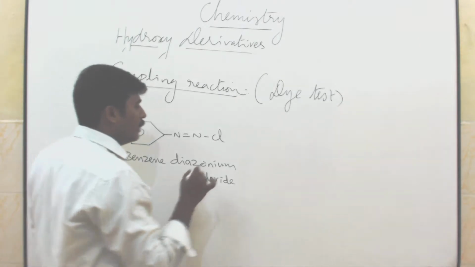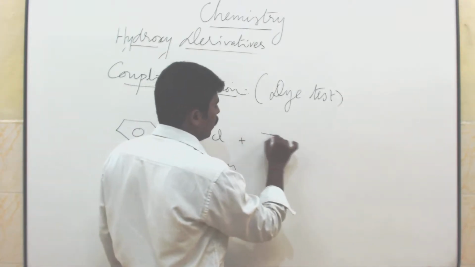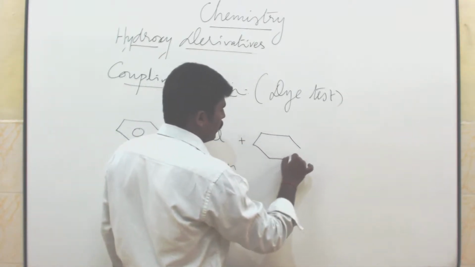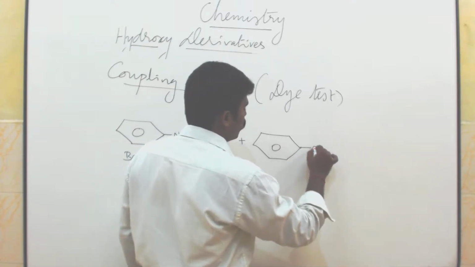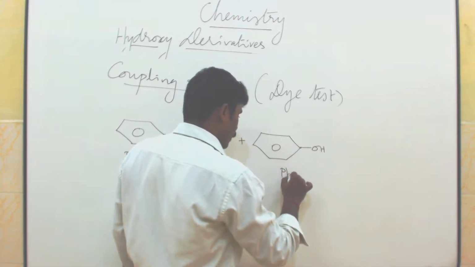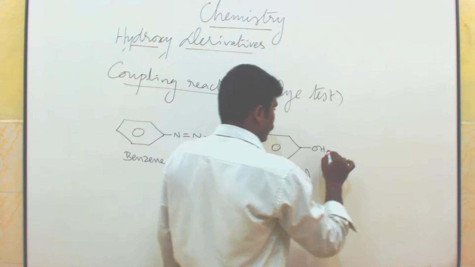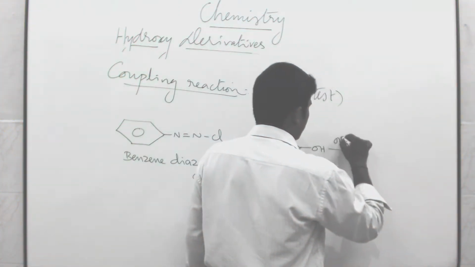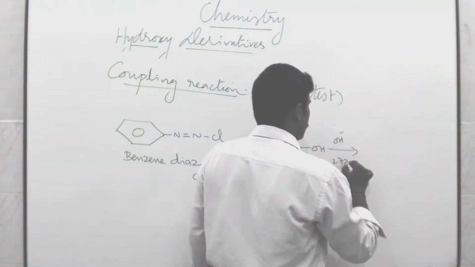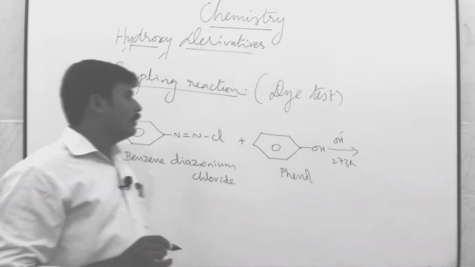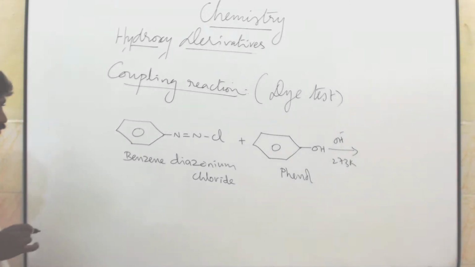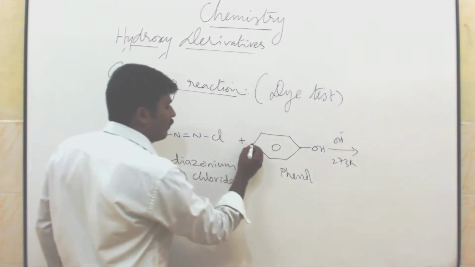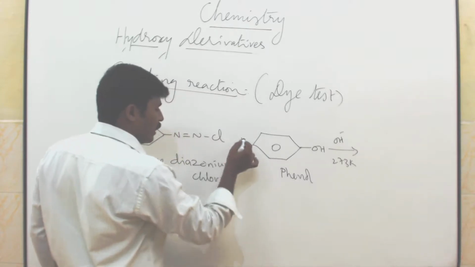Benzene diazonium chloride couples with phenol. Phenol means the benzene ring has one OH group. The reaction takes place in the presence of base at 273 Kelvin. Listen, here there is hydrogen.